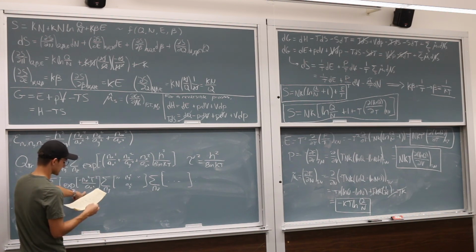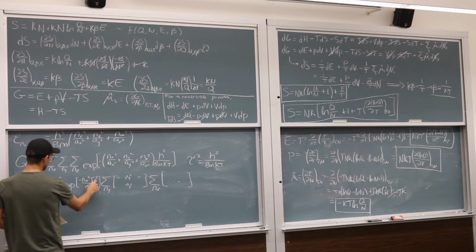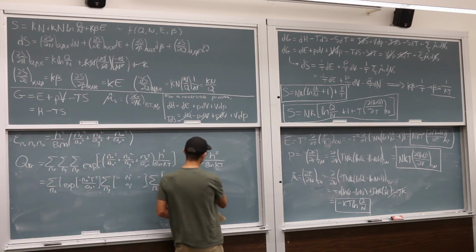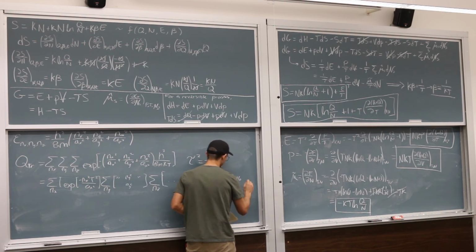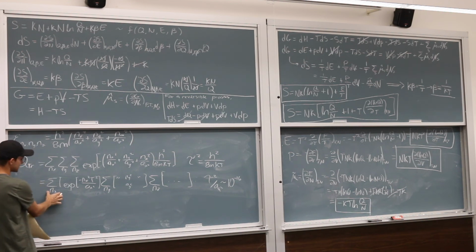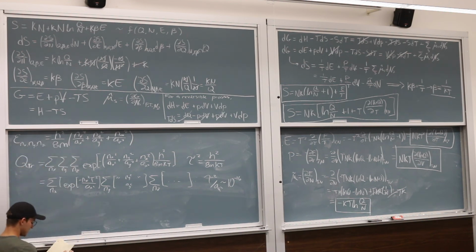All the components look like this, and then we note that tau squared over a squared is very small. Tau squared over ax squared for the hydrogen atom, in regimes that we're interested in, is on the order of 10 to the minus 16. Okay? So what that allows us to do is recast this discrete sum in terms of an integral with almost no error.